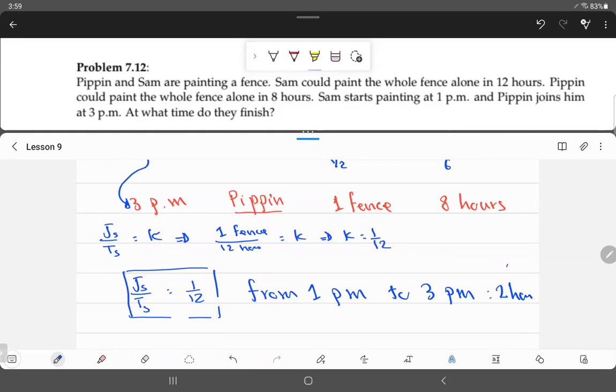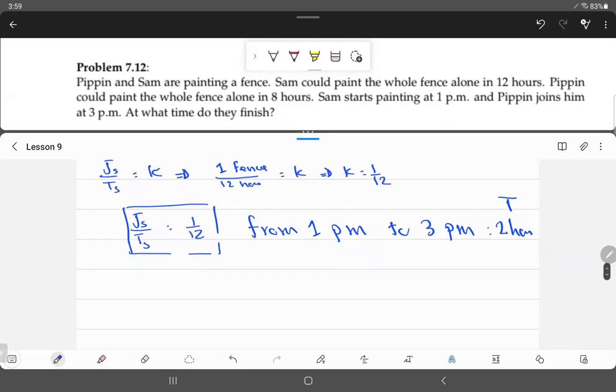This is the time. So if I go back to this relation, the job of Sam's over time, which is 2, equals 1 over 12. So that tells me the job of Sam's, he's done 2 times 1 over 12, which is 1 over 6 of the fence.